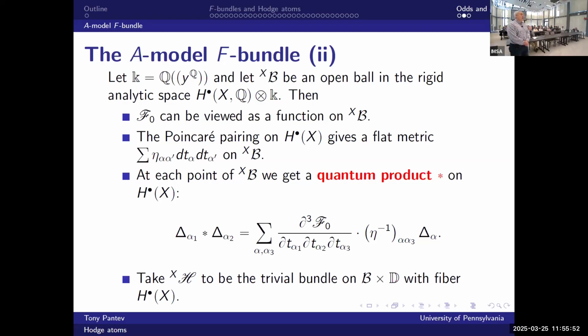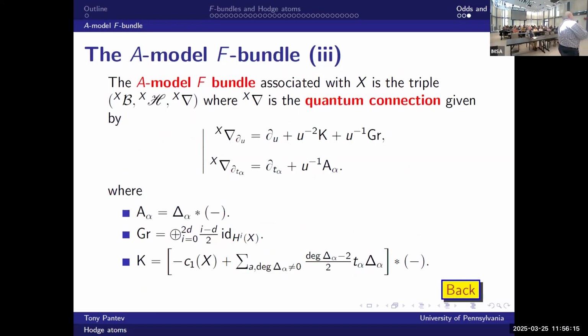And so then you use the Poincare pairing, define the quantum product by using the third derivative of F0. And it actually satisfies all the properties, all the axioms you need for a product. And take the trivial vector bundle with fiber homology. And then you can write the A model bundle. So these are the complete formulas.